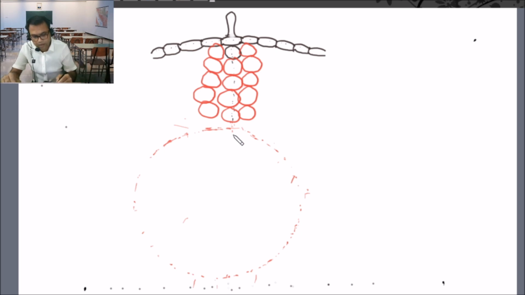And these cells are barrel shaped, as we know from the previous class that these cells are barrel shaped.